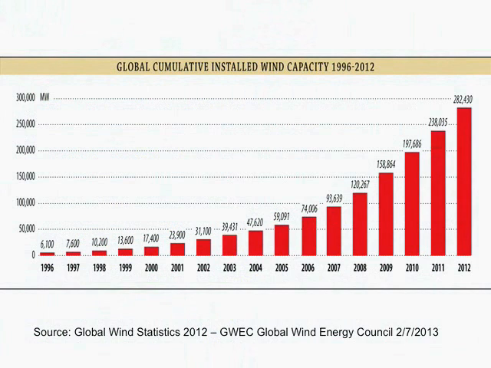Now what you see here is a graph of global installed wind capacity over this 15-year period from 1996 to 2011. And you can see at the end of the last century, there was really very little installed capacity.